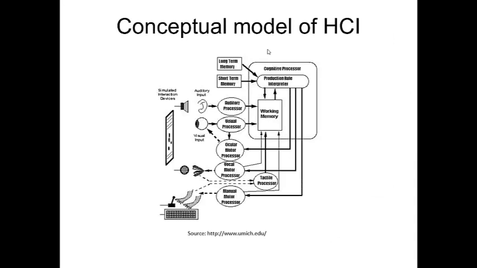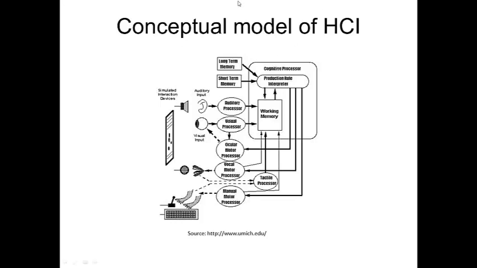Well, HCI attempts to quantify, as the way I understand it, the various steps and processes that humans go through when interacting with systems and computers in particular. So this is a conceptual diagram of HCI, human-computer interaction.